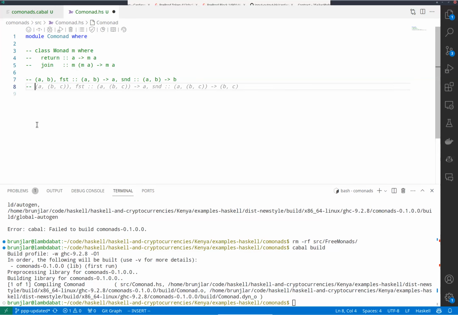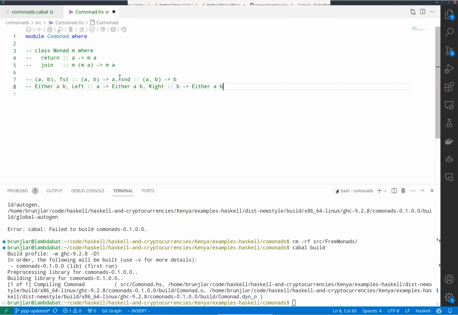And there's also a co-product, which we know as Either in Haskell, with something like Left and Right injections. So if you look at product and co-product, you see that here you have first and second, going from (A, B) to A and (A, B) to B. And for Either, it's all the other way around.